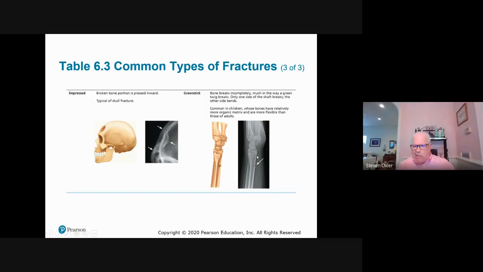A complete fracture would be right through the whole bone, but an incomplete fracture occurs in children, a green stick fracture, because if you try and break a green stick, it won't break all the way. This is why it's called a green stick fracture. An incomplete fracture in children. Okay?